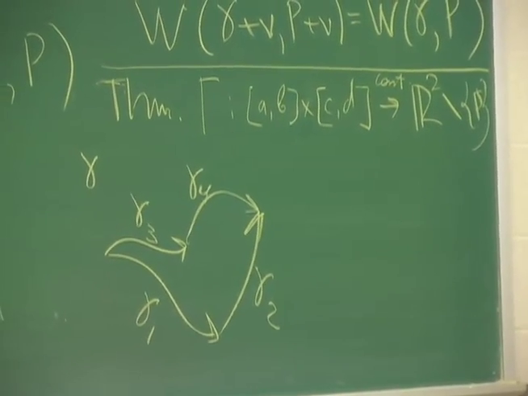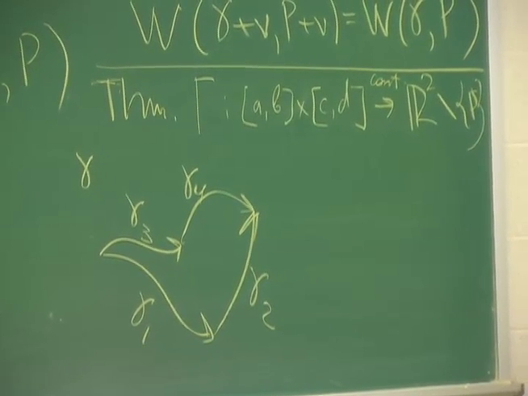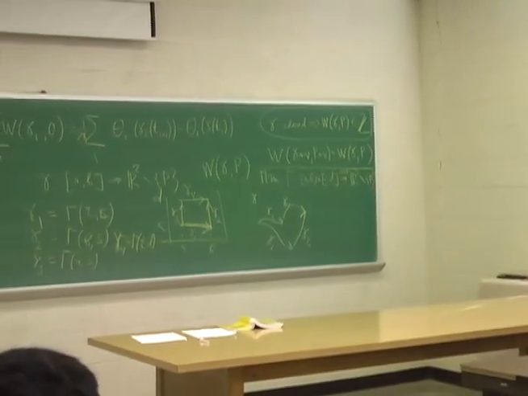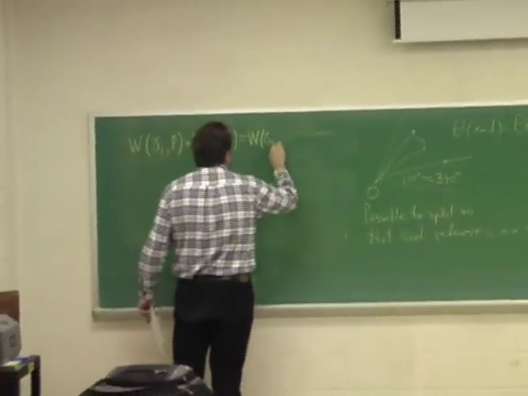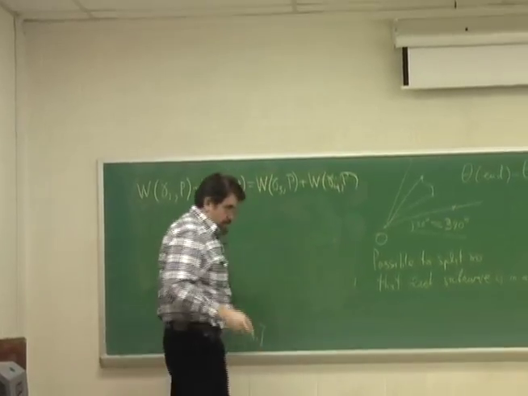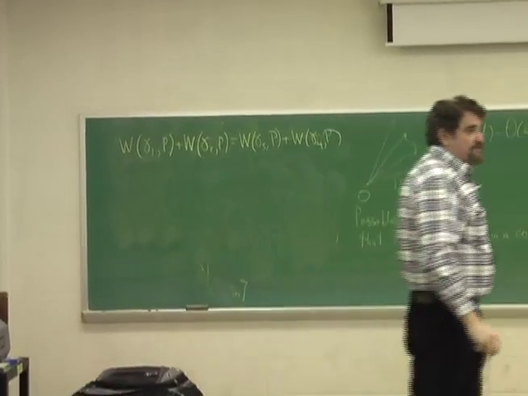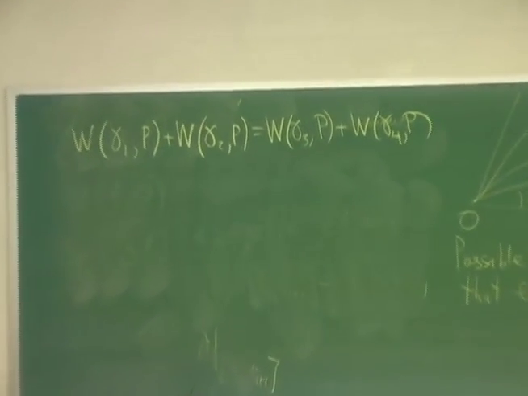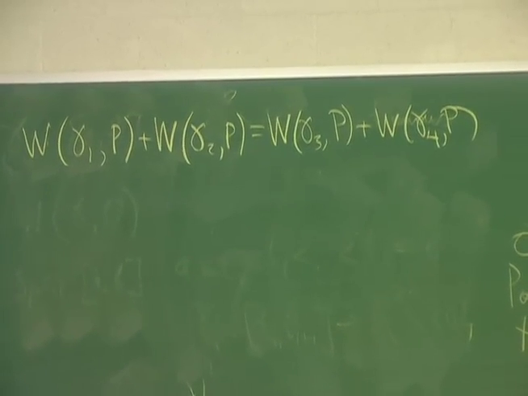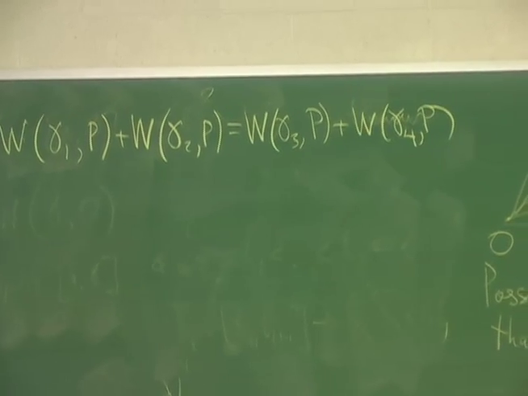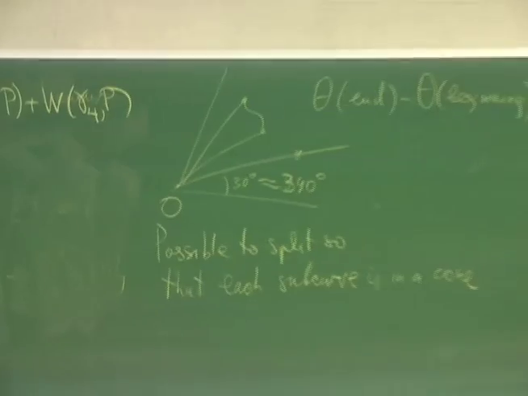The theorem says, W of gamma 2 P is equal to W of gamma 3 P plus gamma 4 P. This is what I need to show. So P is any point not in this gamma.